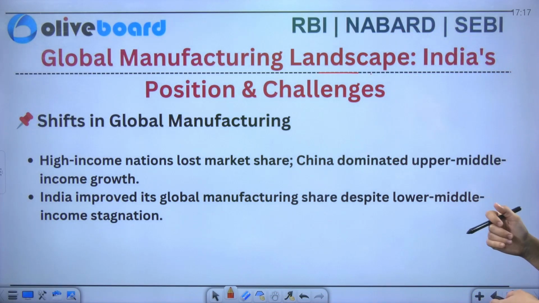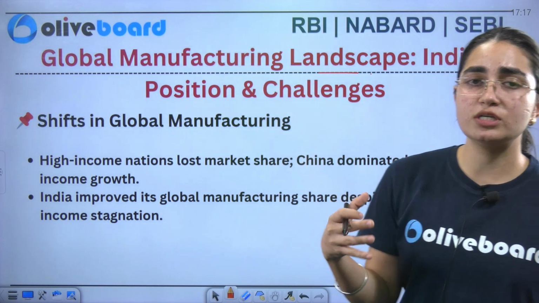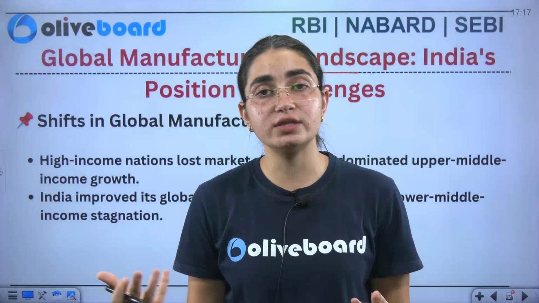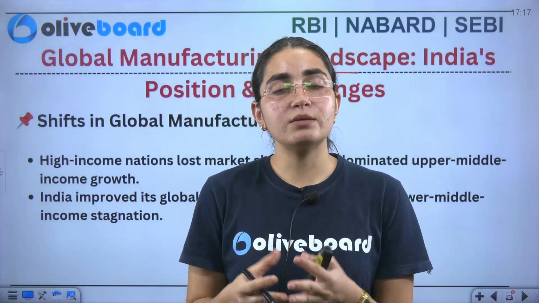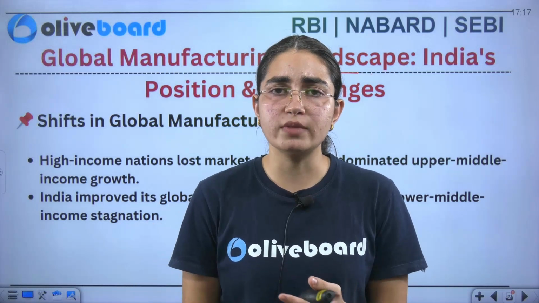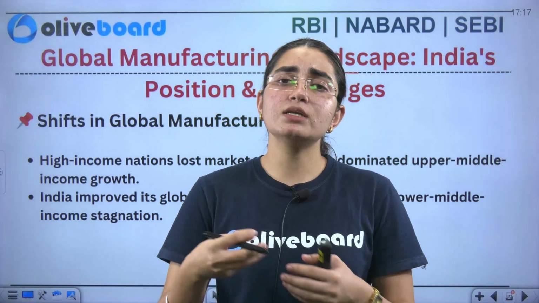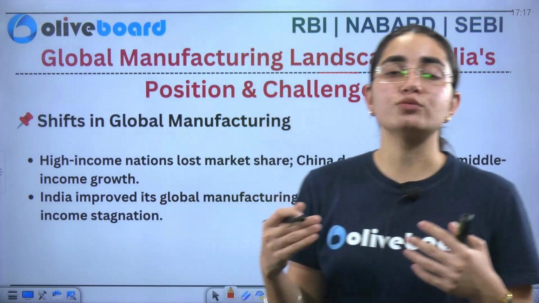Now you can see here that there is a shift in global manufacturing. We used to see that high income countries contributed a lot to manufacturing, but that trend has changed over the decade. High income countries are seeing ups and downs in their contribution to the manufacturing sector, and middle income countries are taking the benefit. They are at a better stance because they are contributing more.